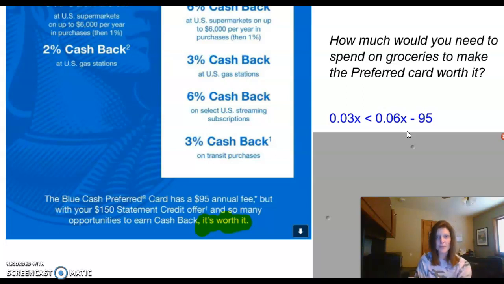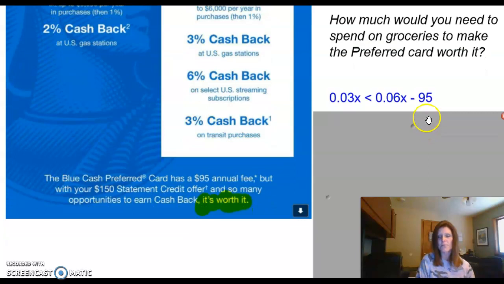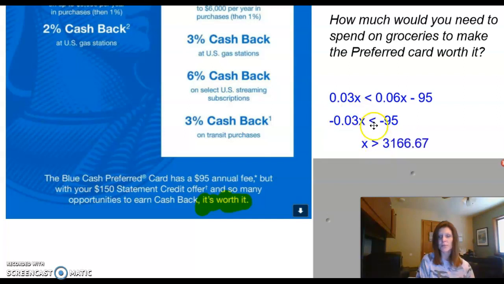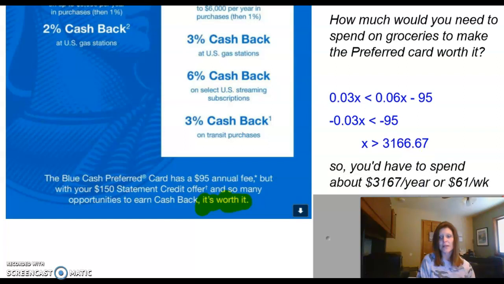But remember, we had to pay $95 for it, so I'm going to subtract the 95. Then using what we know about algebra, we will combine like terms, and then we will divide. Oh, keep in mind here, when you divide by a negative, that inequality symbol flips. So it says you would have to spend more than $3,166.67 annually to make this worth it.